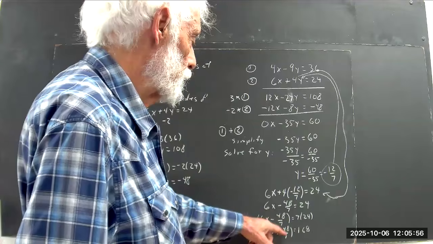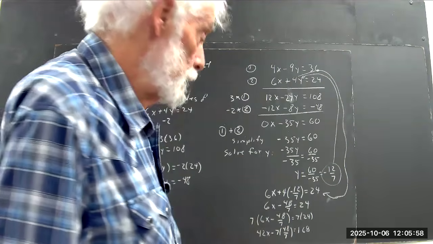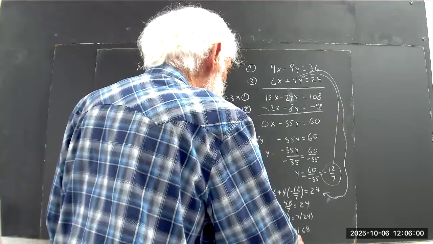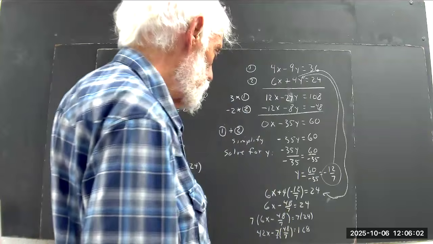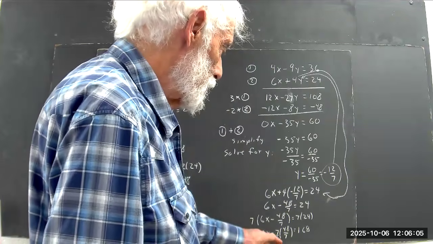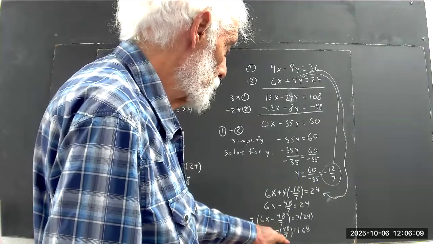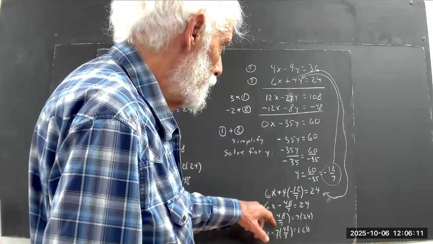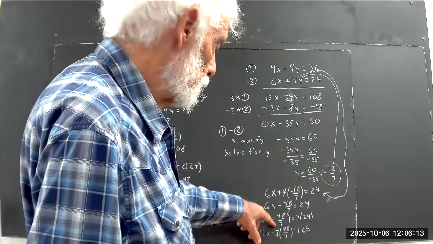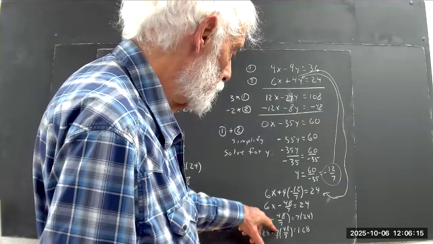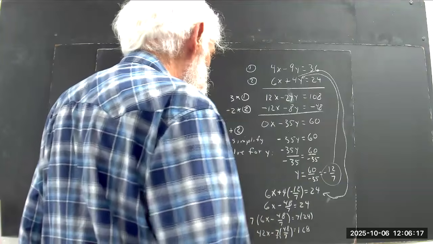Now 7 times 48 sevenths is just 48, because it's like 7 over 1 times 48 over 7. Another way to look at it is 7 is going to be the denominator of the fraction we get when we multiply these, and 7 is going to be a factor of the numerator, so we can divide a factor of the numerator into a factor of the denominator.